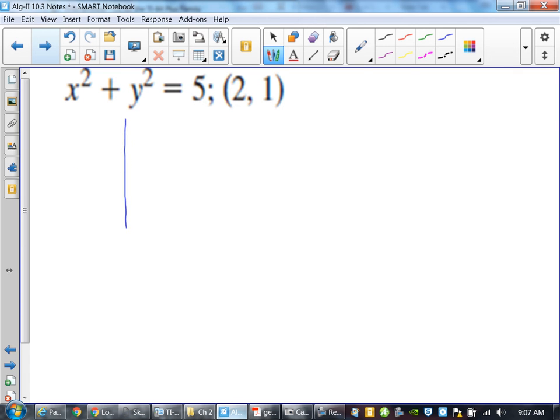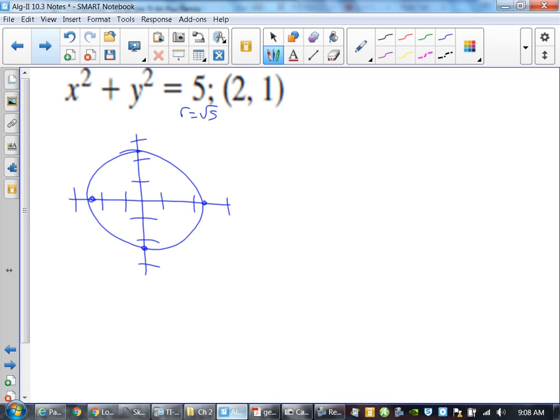So visually, my radius is the square root of 5, which means it's just a little bit more than the square root of 4. The point is right here, and the line will be tangent to it.